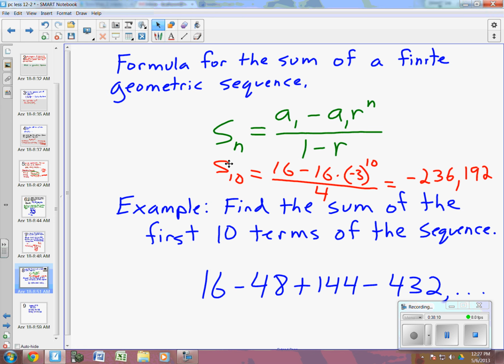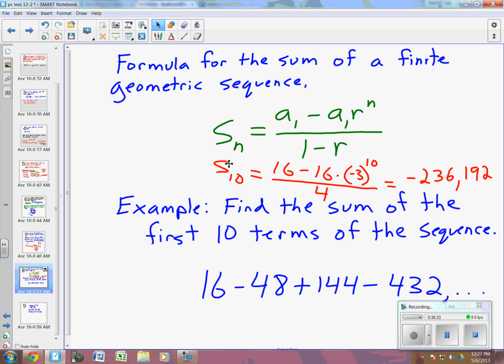Oh, you did it all separately, didn't you? Okay, you guys, we can go 16 minus 16, parenthesis, negative 3, raised to the 10th power, all divided by, you know what?